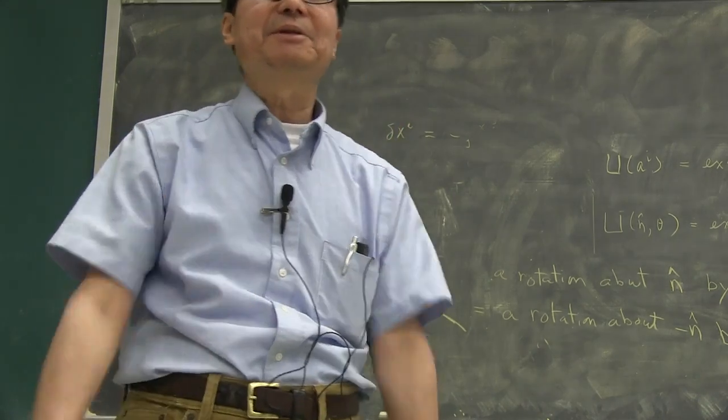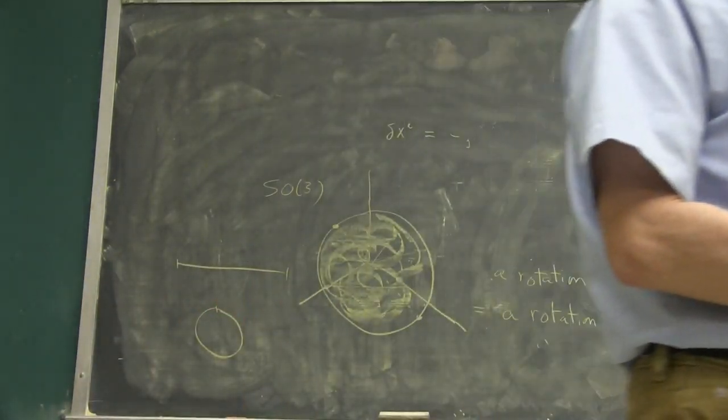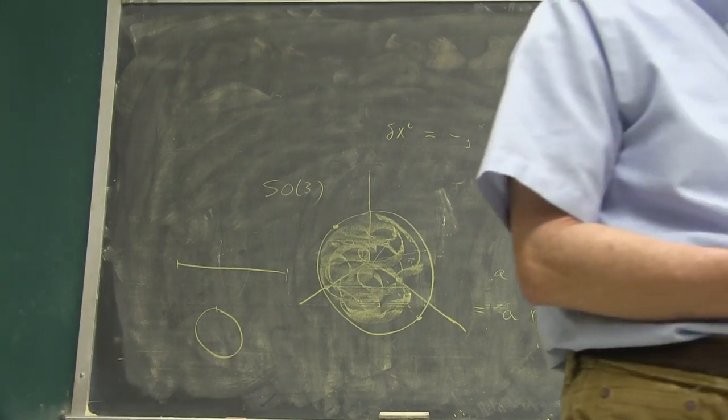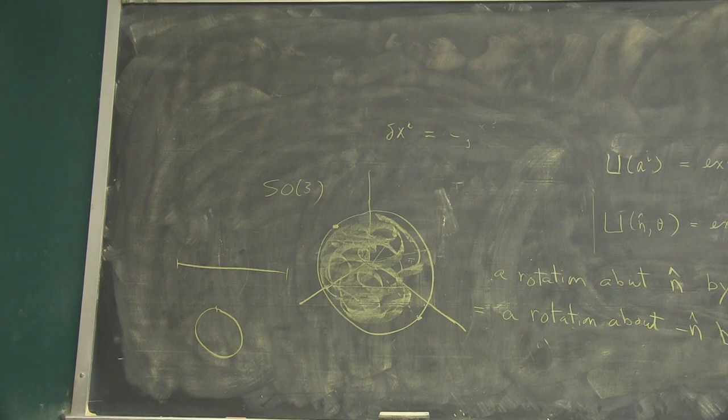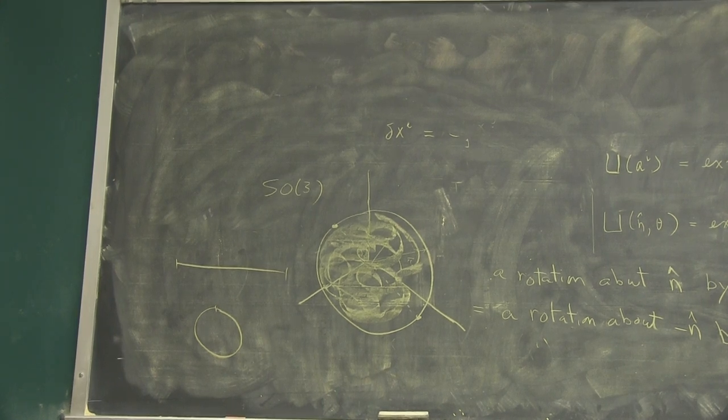And this is one very important aspect of the group manifold, the so-called group manifold of the group SO3. It takes on this kind of funny character. It leads to very interesting, important facts concerning the group, 2-to-1 homomorphism and so on. I'll talk about that later, but for the time being, let me just ask you to keep this in mind, okay?